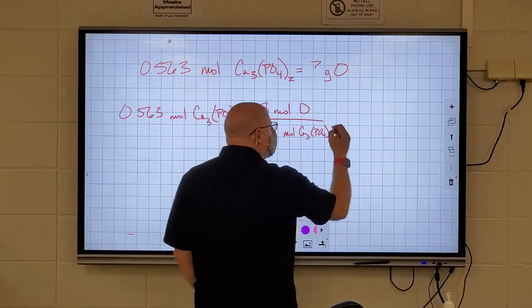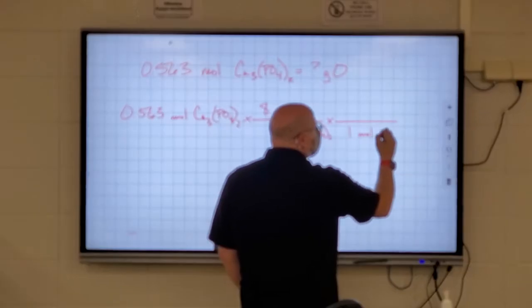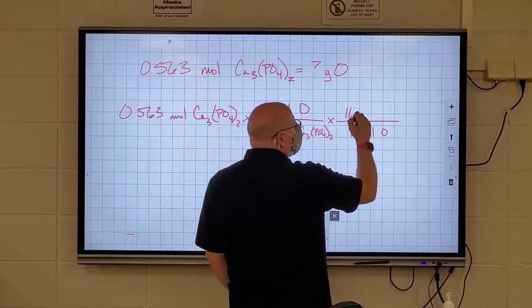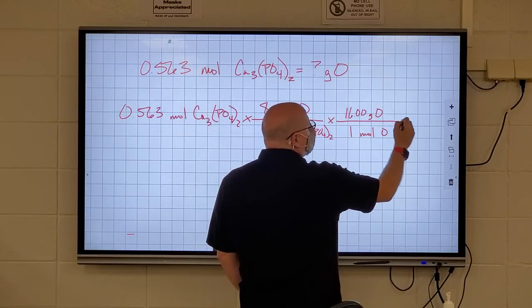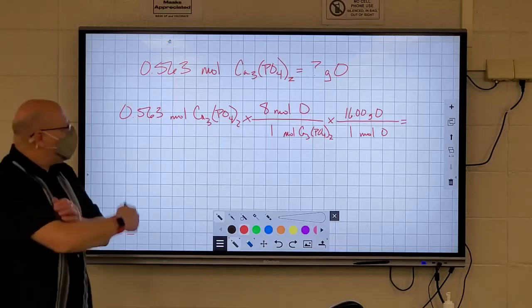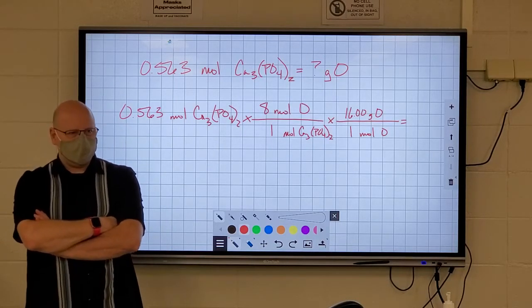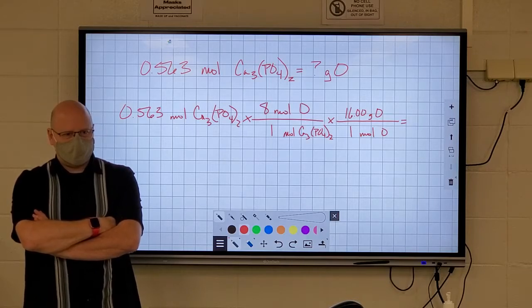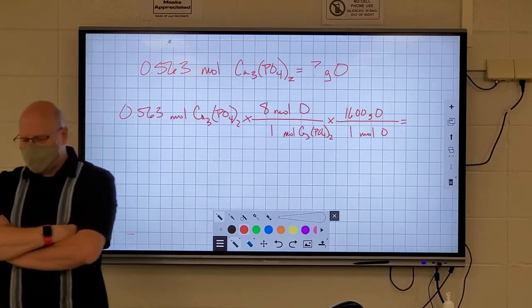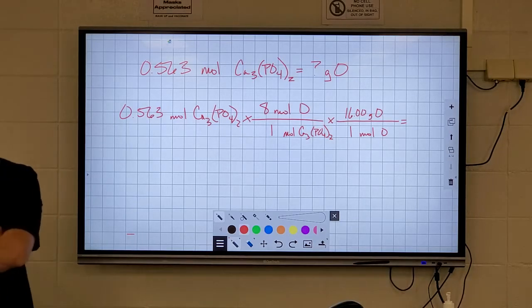And then times, and then on the bottom, 1 mole of oxygen, and on top, 16 grams. Good job. Calculate it. You calculators, people, everybody should be doing these. The only way you get good at using your calculators is using your calculators.